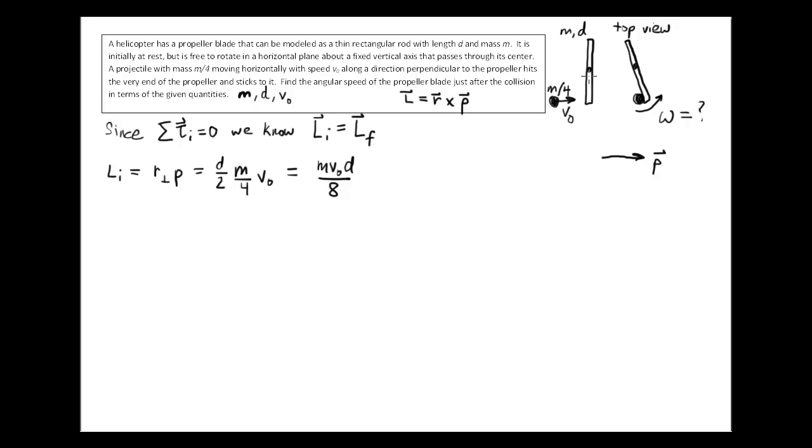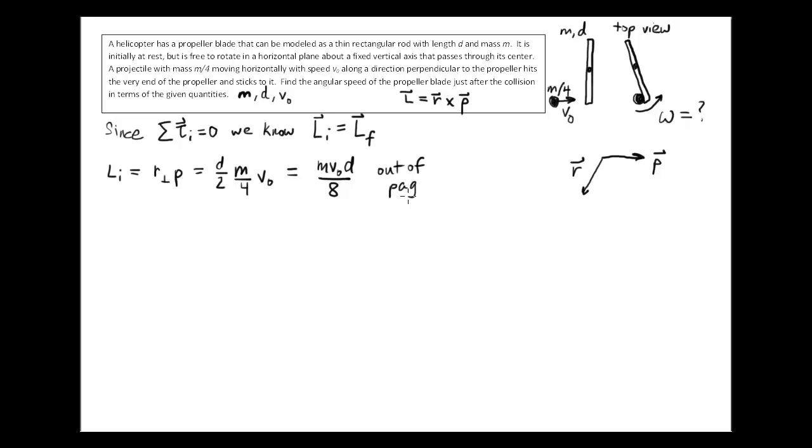So that would start at the rotation axis and go down and to the left. I'll just draw that in like this. The r vector would look something like that. Drawing them tail to tail, by the right-hand rule, curling the fingers of your right hand from r to p would give you a direction out of the page. Okay, so this is out of the page.